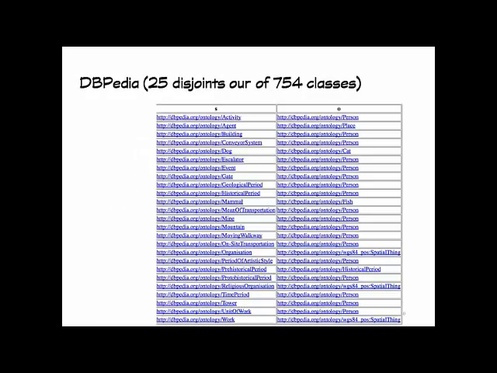And then I also did DBpedia, and this one was probably the most interesting of them all, because out of 754 classes, which is starting to get down to a reasonable, manageable size, there are only 25 disjointness axioms, and as you can see here, they're sort of curious.